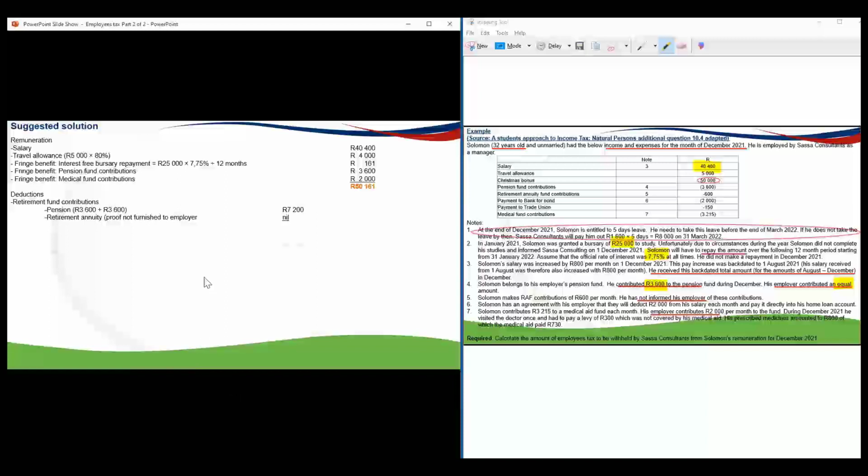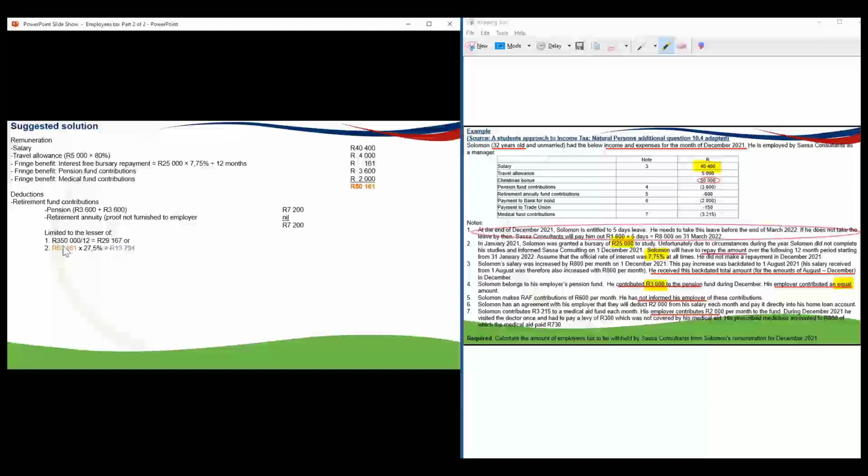Right. So now if we look at the total contributions, then those are made up of the 7,200, but it is limited to the lesser of 350,000, which is an annual amount, divide by 12, and that will come up to 29,167, or the second item, which is your remuneration.